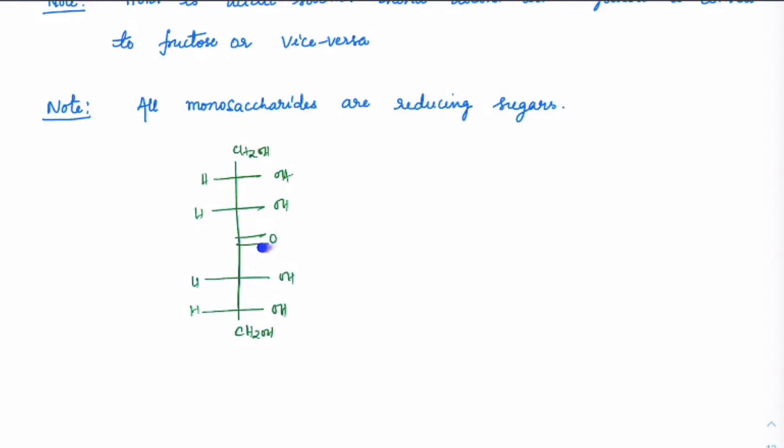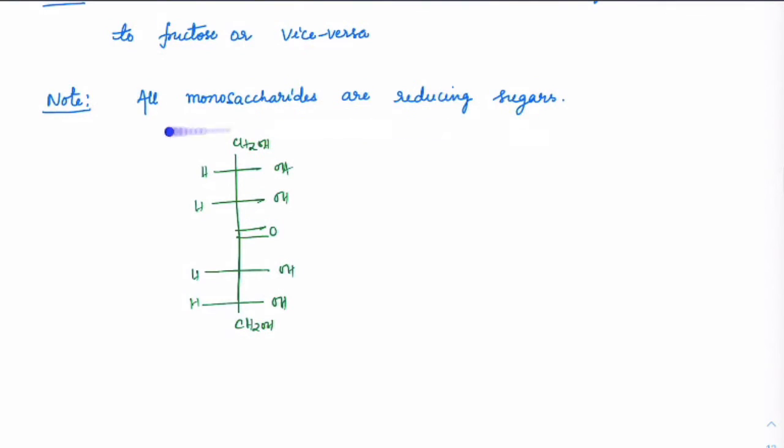Slowly in basic media it will keep driving towards this, and it can become an aldehyde form again here. That's why we can say that all monosaccharides are reducing sugars. Even if they are in a keto form, they will be interconverted to the aldehyde form and they will start giving positive tests for Tollens, Fehling's and Benedict's.